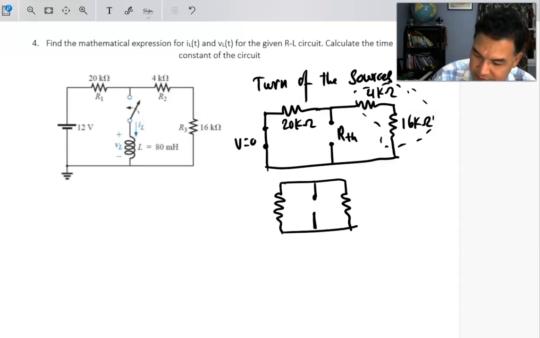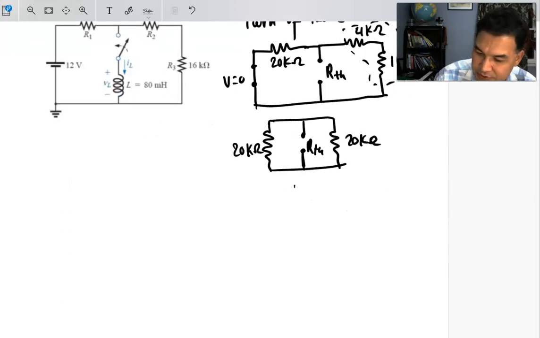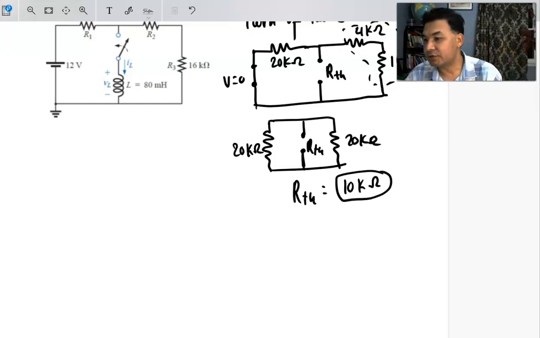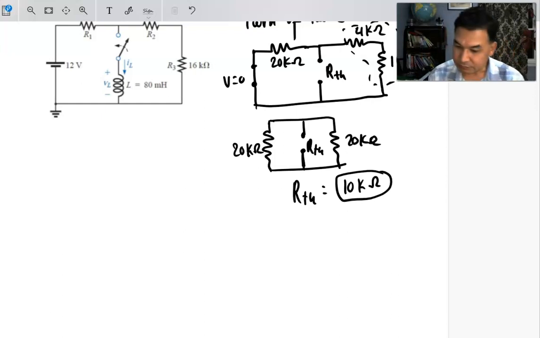That's your RTH. So the Thevenin's equivalent resistance is 10 kilo ohm. That's your Thevenin's equivalent resistance.